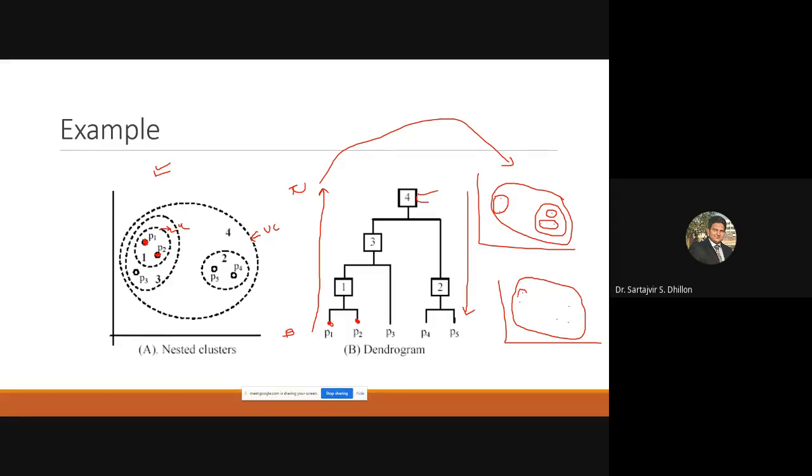Then we make this cluster, and then we make the subparts. That is the difference between divisive and agglomerative.